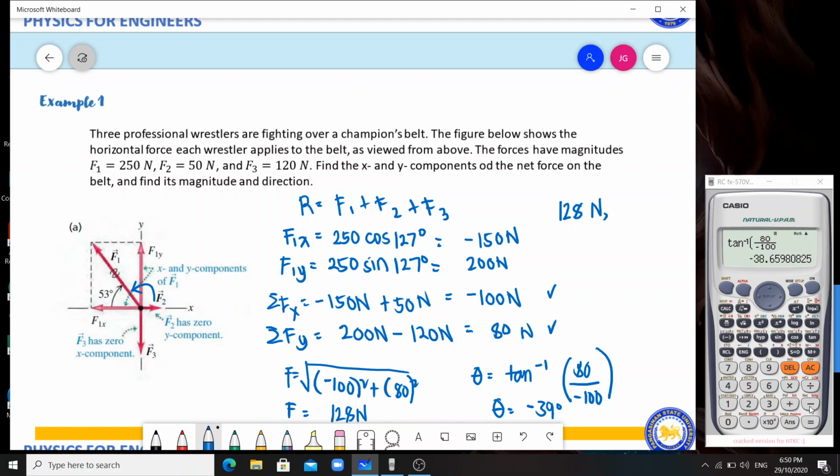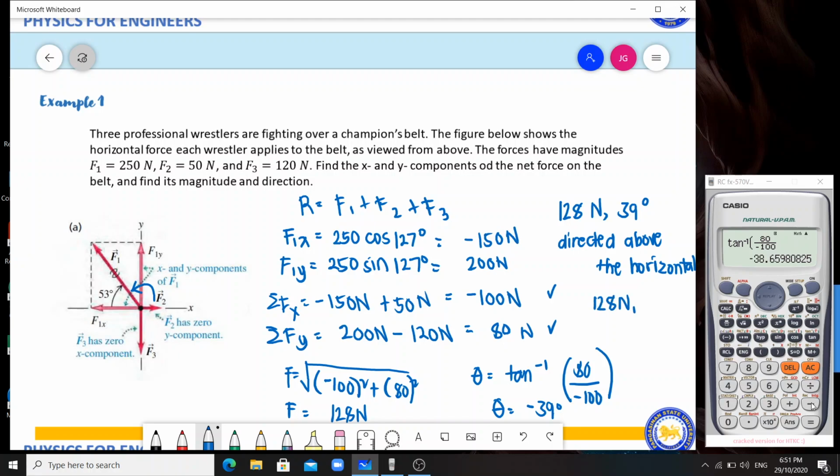Okay. 39 degrees, directed above the horizontal. Yan. Or simply 128 Newton.